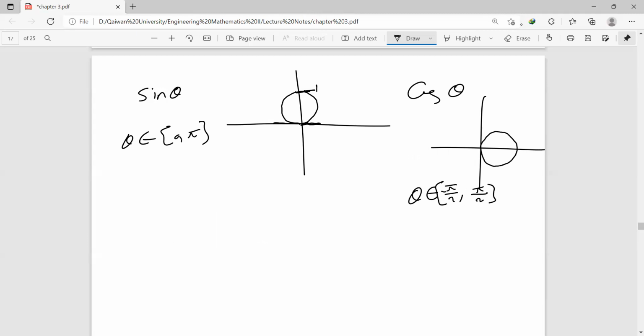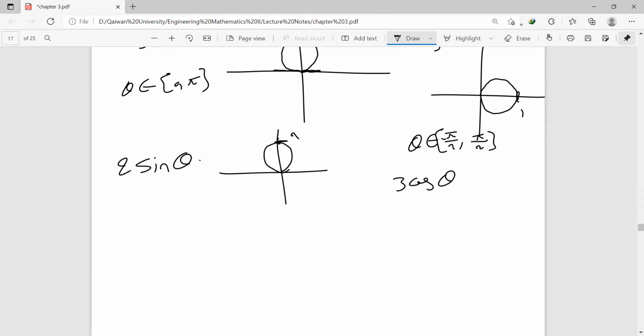So how about 2 sine theta? It's the same as sine, but from 0 to 2. This is 2. That's all. Okay. So how about 3 cosine theta?